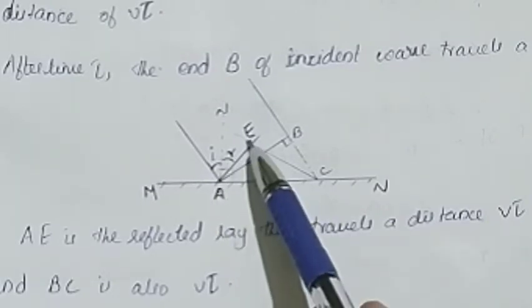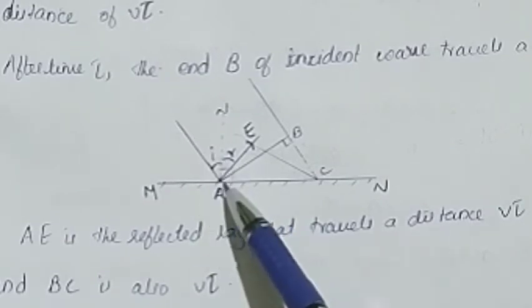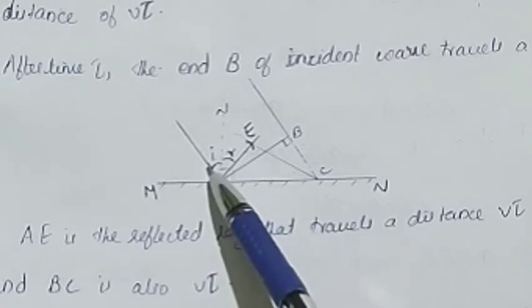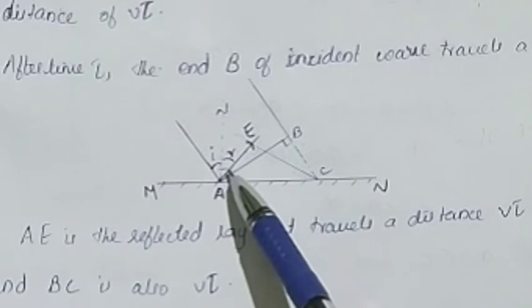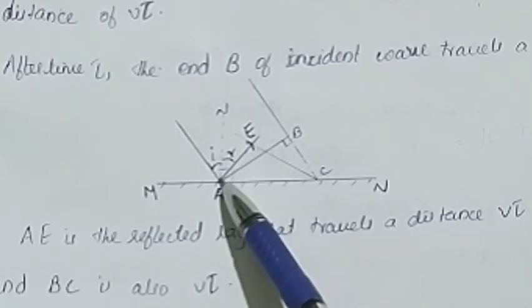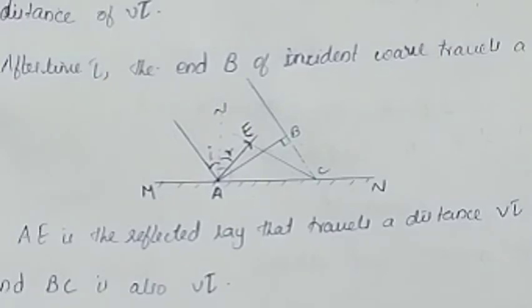Therefore the angle EAB, which is the remaining part of this 90 degrees, is 90 minus I minus R.